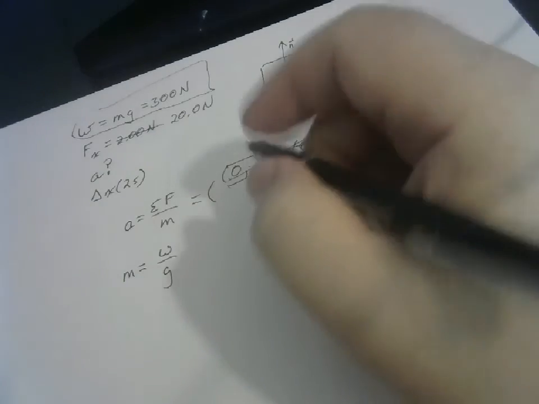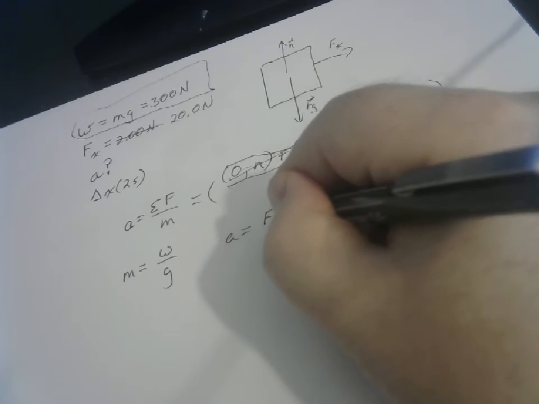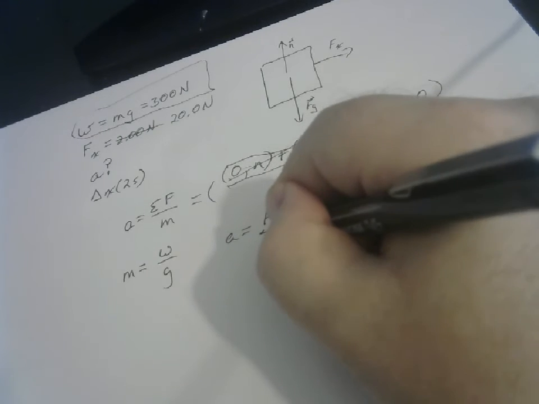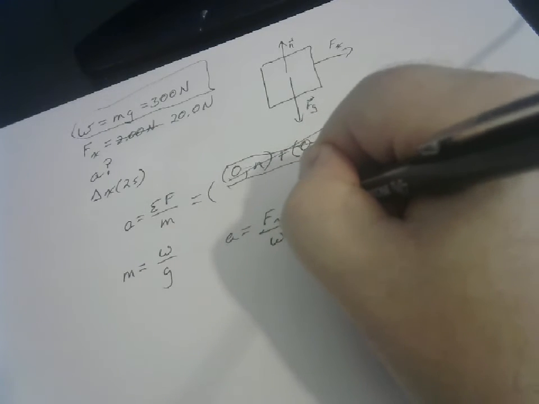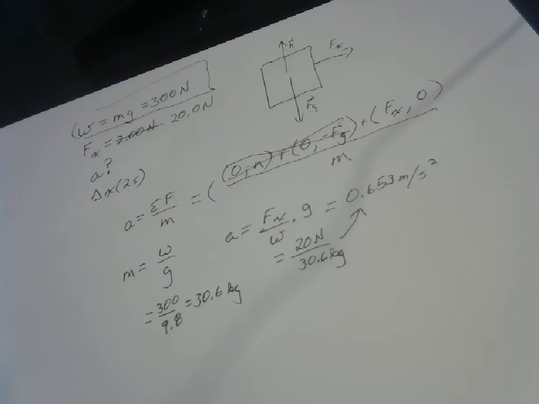So we can say acceleration equals f sub x divided by weight over g. And the mass turns out to be 30.6 kilograms, 300 newtons divided by 9.8 meters per second squared, newtons per kilogram. And the acceleration is 20 newtons over 30.6 kilograms, which is 0.653 meters per second squared.